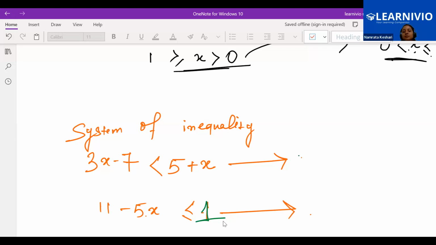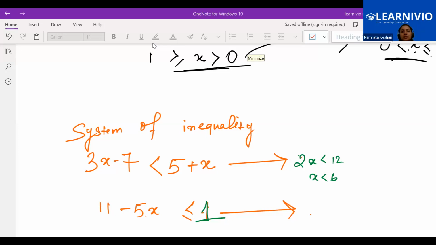From here we will get, let's check it, 3x minus x, 2x. 7 will come over here. Yes, Alina, it is correct. Next one. 2 is small.